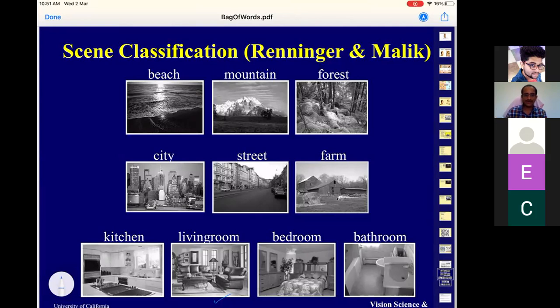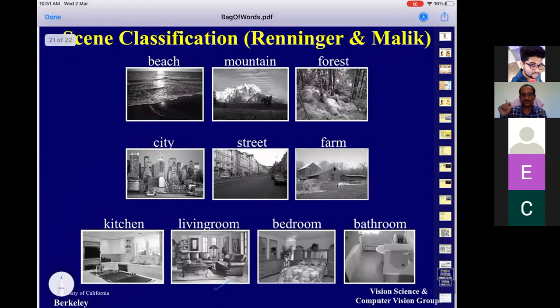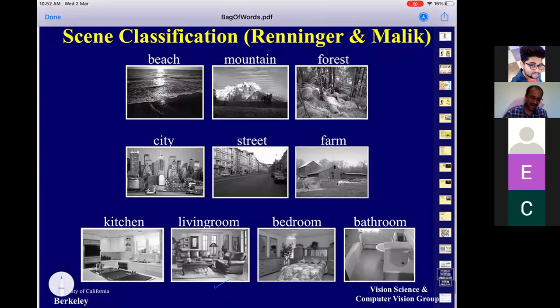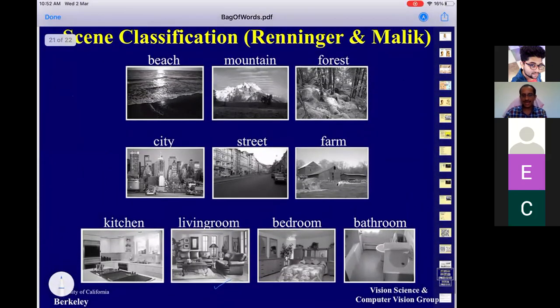We have a very large number of classes, so the problem is high dimensional and usually intractable, and we should have a very elegant procedure to do that. So this is the bag of visual words.